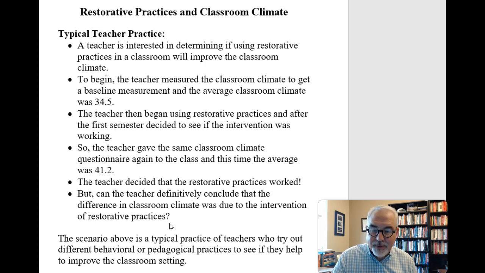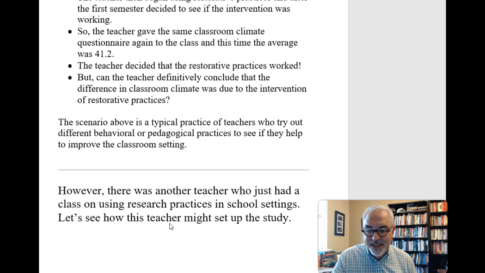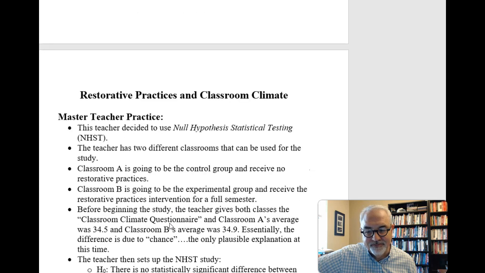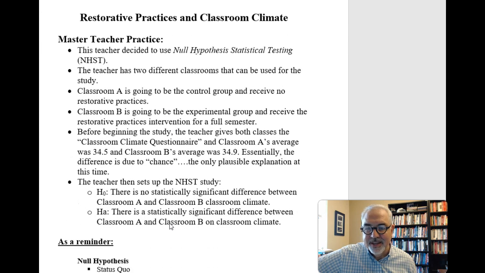However, let's set up a slightly different scenario. There was another teacher who just had a class on using research practices in school settings. Let's see how this teacher set up the study. This master teacher decided to use null hypothesis statistical testing.